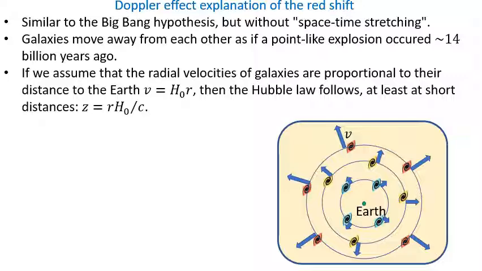If we now assume that the radial velocities of galaxies are proportional to their distances to the Earth, then we obtain the Hubble law. Just like the Big Bang hypothesis, this theory predicts creation of the universe in a primordial explosion.